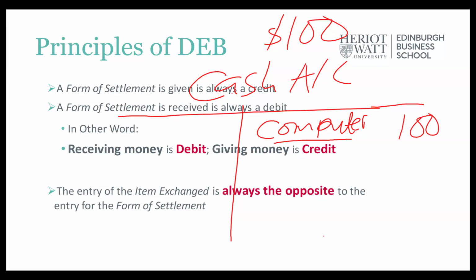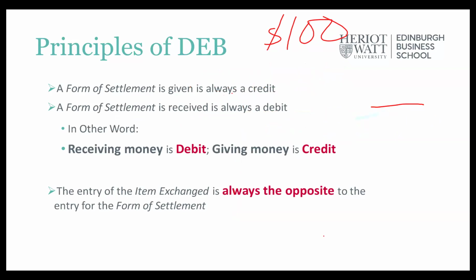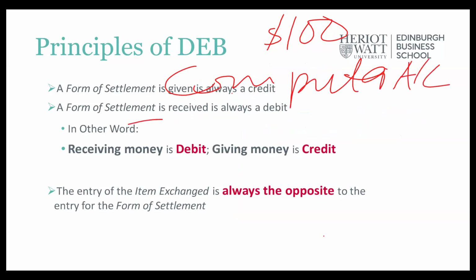Similarly, in the same transaction, let's see how this will sit in the computer account. So we'll ask ourselves, what is happening with the computer account? We have bought the computers. It is receiving, isn't it? We are receiving a computer, so the computer account is receiving, right? Remember, a computer account is an account that you open where you record all your computers as a company.